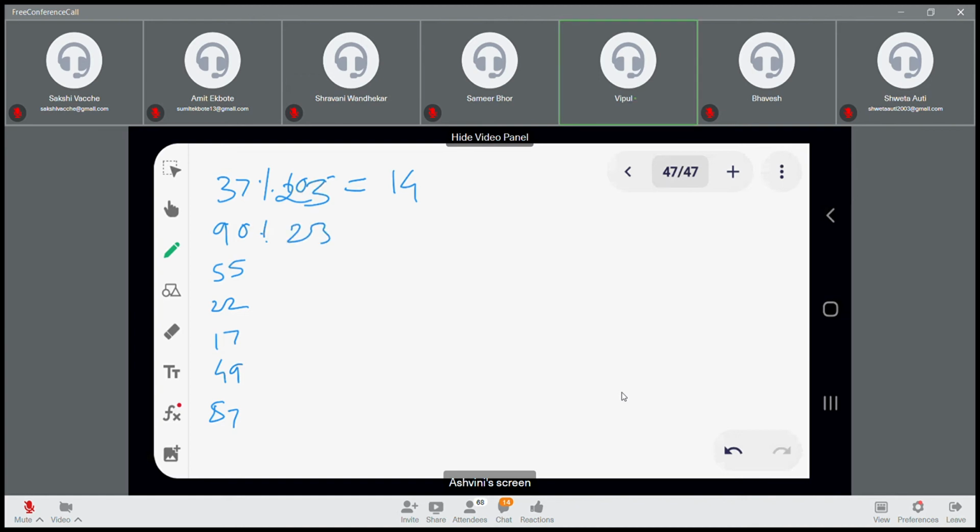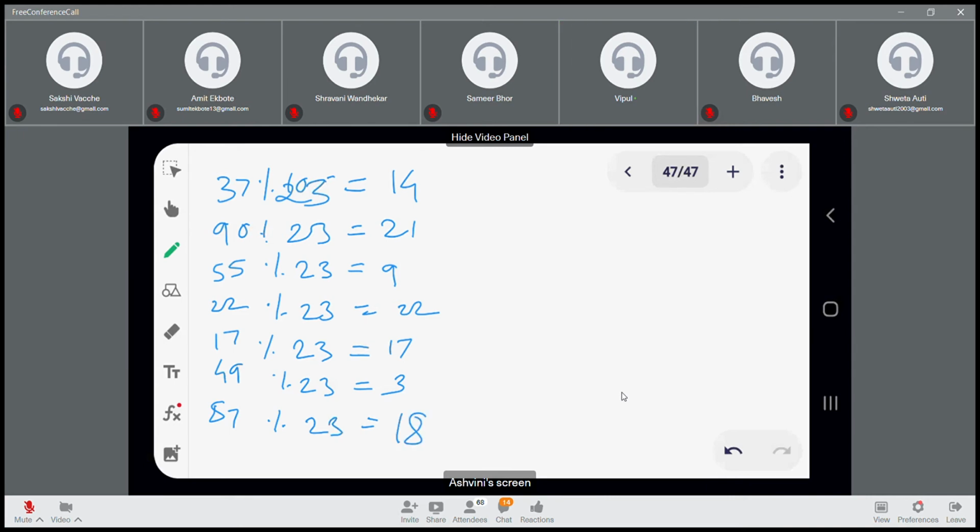Yes. 55 mod 23 is 9. 22 mod 23 is 22. 17 mod 23 is 17. 49 mod 23 is 3. And 87 mod 23 is 18, correct. So these are the indexes in your new table.